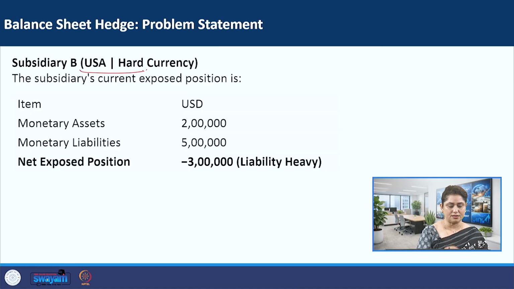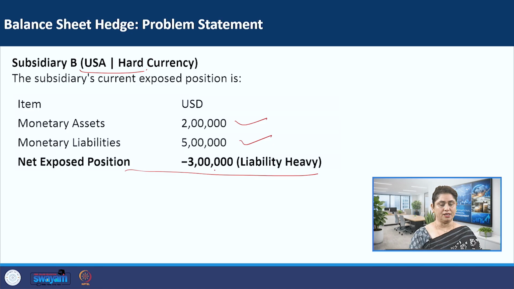Now, let us talk about a hard currency subsidiary, which is the USA. The monetary asset is 2 lakh and the monetary liability is 5 lakh, and the net exposed position is in the liability side, that is 3 lakh. We have a heavy liability.